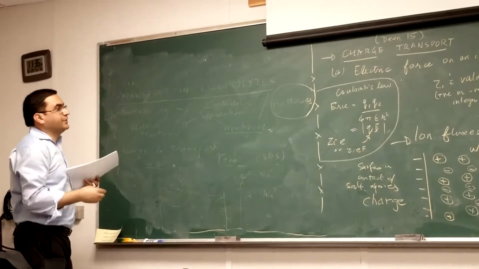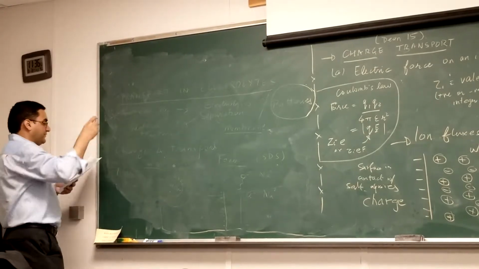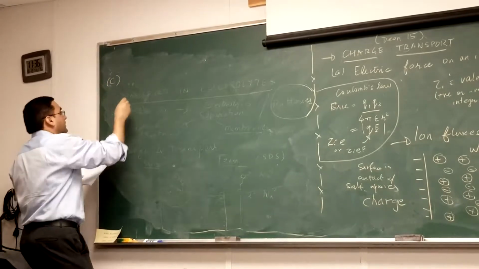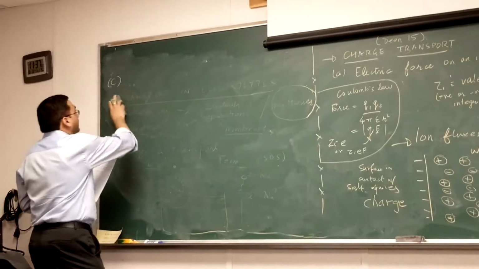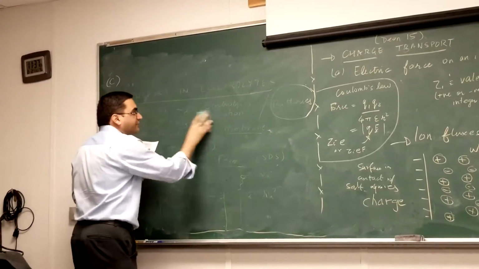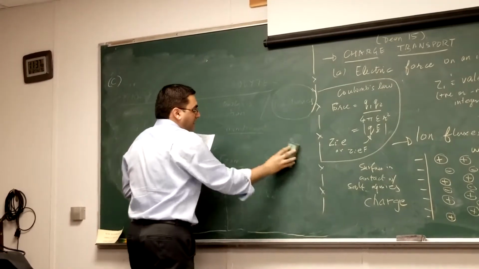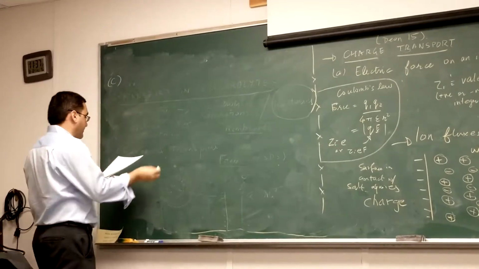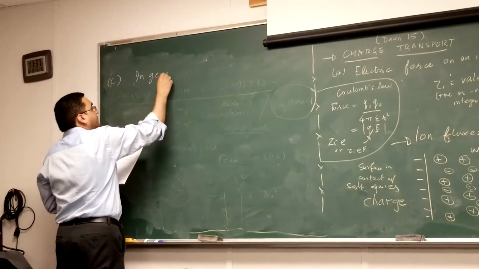To figure out how it influences the transport, we have to go back and start thinking about everything. We already know there's convective transport, we already know there's diffusive transport, so we will probably be adding another term to it, and that term is called migration, and we need to figure out how to write that migration.